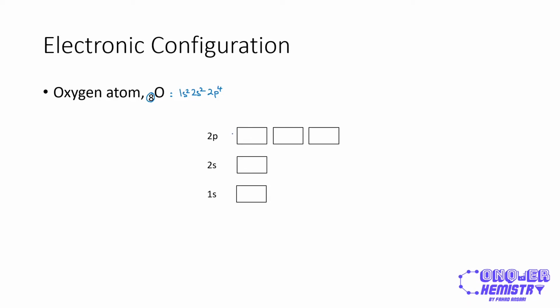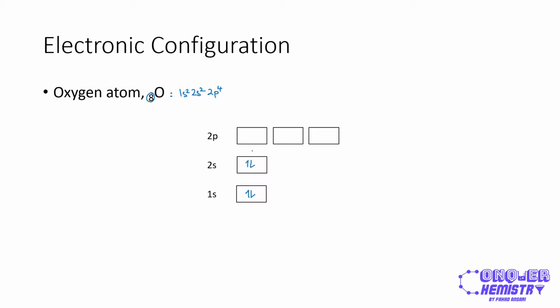Another example is the oxygen atom. It has a proton number of 8. So its electronic configuration is 1s2, 2s2, 2p4. When we assign electrons to orbitals within these subshells, 1s and 2s are pretty much the same as for nitrogen.